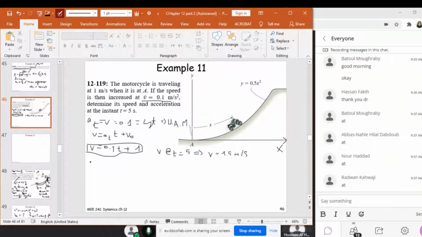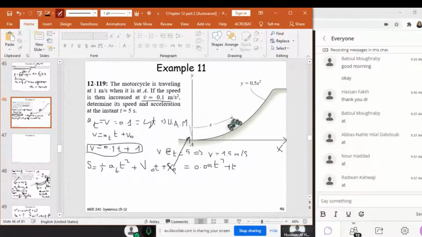Now, guys, I can also find s. Since this is a uniformly accelerated motion, then s will be equal to half a_t t squared plus v_0 t plus s_0. And since s_0 is 0 because it starts from A, the first two terms remain, and this means that s will be equal to 0.05 t squared plus t.